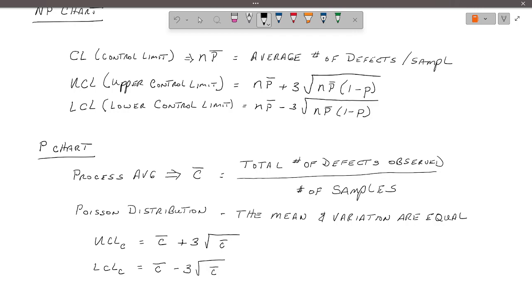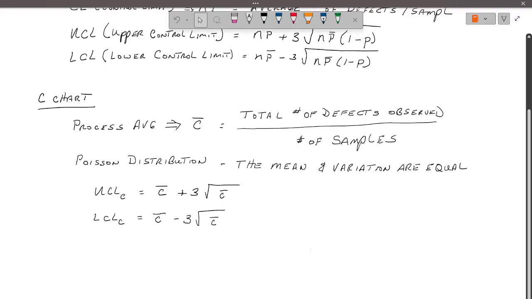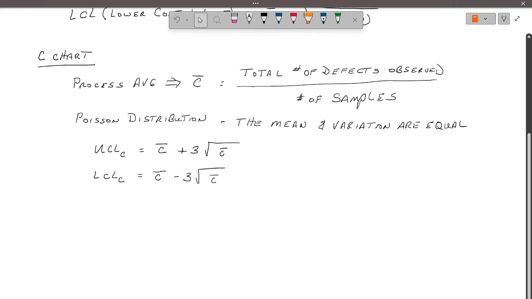Wait a minute. I put P chart up here. Oh, man. Sorry. This is a C chart. Okay. Sorry. And as long as we're in here, I'm going to put a few notes in too.